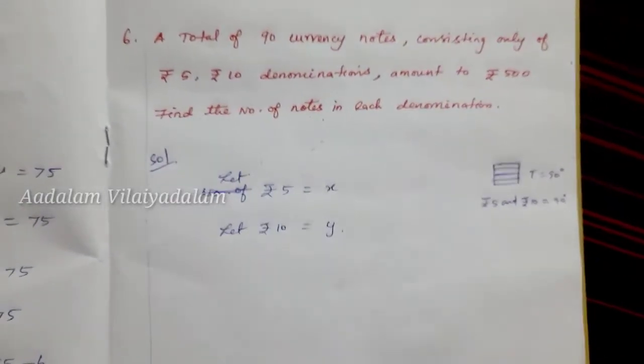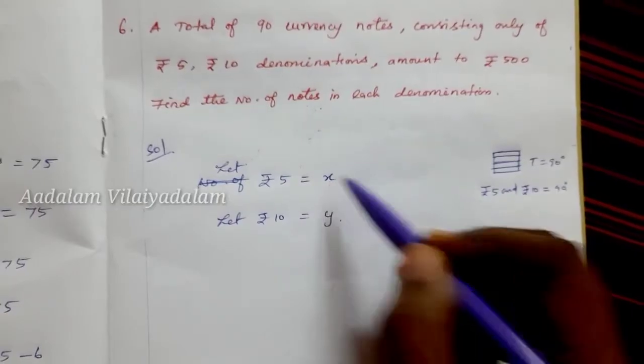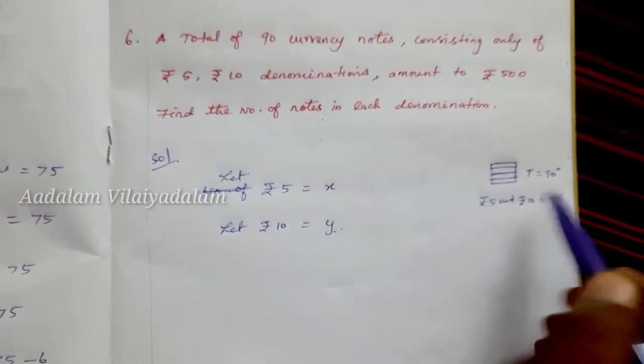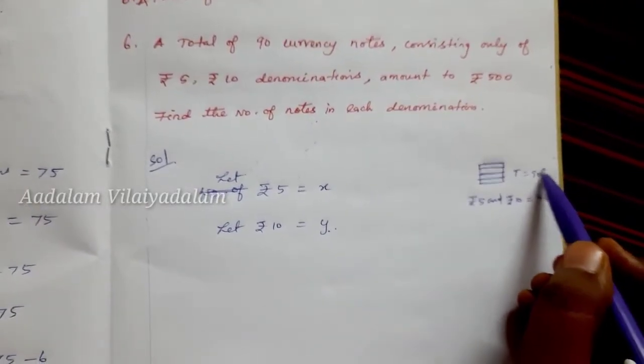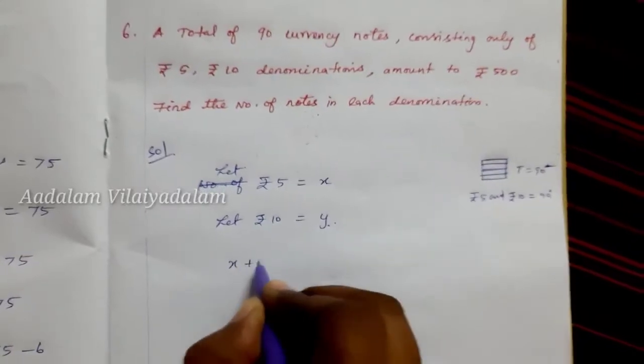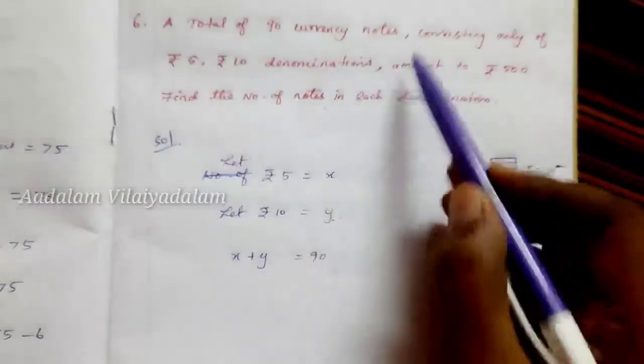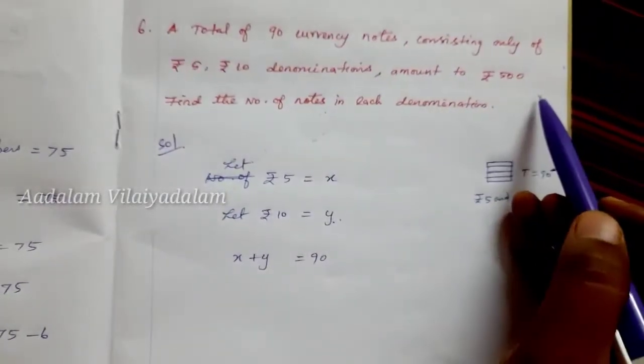Now, the addition of these 5 rupee notes and 10 rupee notes, there are totally 90 currency notes. So we can write x plus y equal to 90. And next, what they have given is that the total amount is rupees 500.